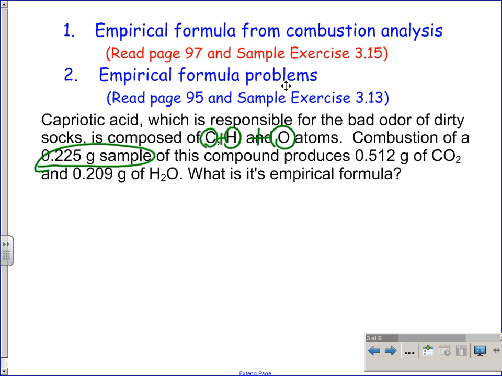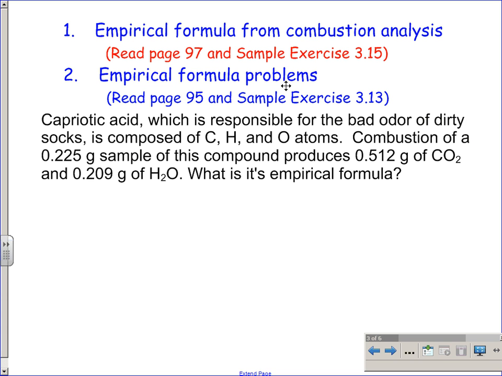So we're going to find this, we're going to find that, and when I add these two together and subtract from the mass of the sample, I can determine the mass of the oxygen. At that point, it's going to be just a regular old empirical formula problem because now I know the mass of the carbon, the hydrogen, and the oxygen. So you do one type of math to get the C and the H, and you do a subtraction to get the third element, which is typically oxygen.